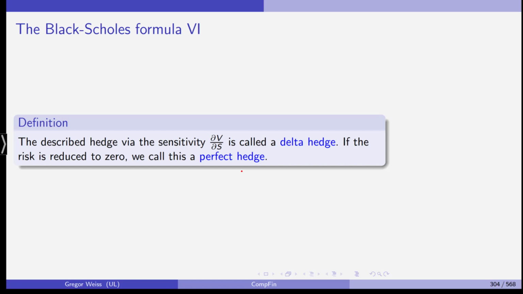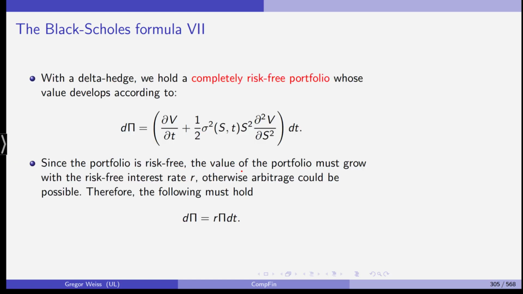Then, however, if with the delta hedge the portfolio price is completely risk-free, we should see that in an arbitrage-free market, this portfolio, which is deterministic, which is risk-free, should pay the risk-free rate. So if we use the risk-free rate r multiplied with the initial portfolio value and the change in time dt, then for arbitrage reasons, this needs to be equal to r pi dt.